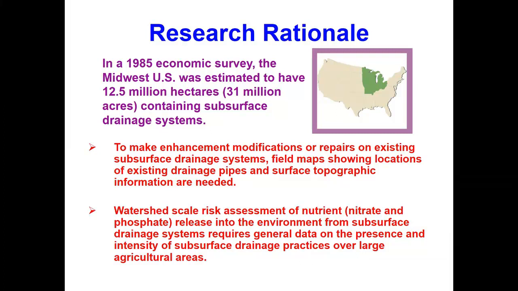For example, putting in new drain lines in between the existing drain lines to improve soil water removal efficiency and thereby improving crop yields. Before you can do something like this, you need to know where the old drain lines are.